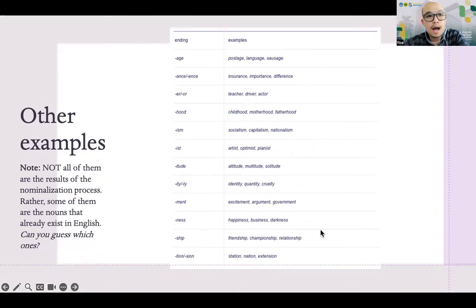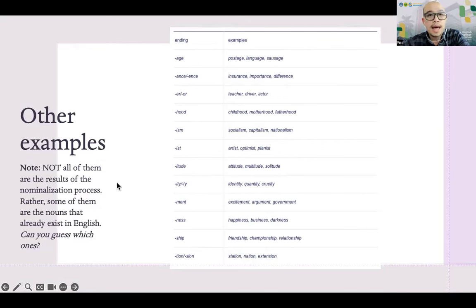And these are other examples of nouns that are from other parts of speech, although not all of them are the results of the nominalization process. Rather, some of them are nouns that already exist in English. Can you guess which ones?